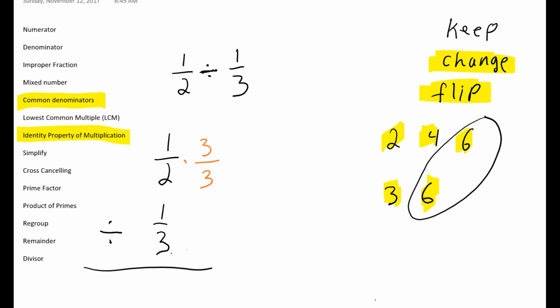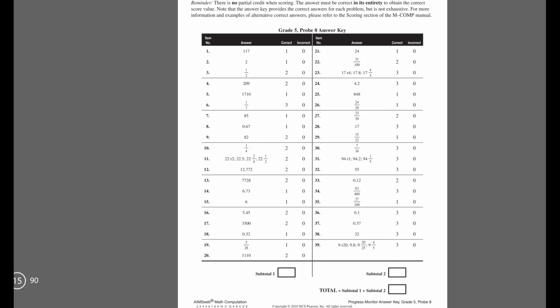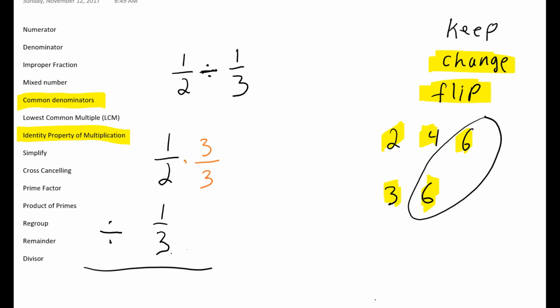In this method of dividing fractions, you use the same exact process as adding and subtracting fractions. So I end up with 3/6 divided by 2/6.